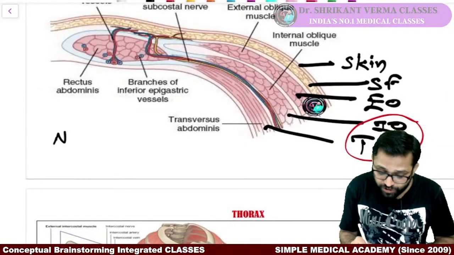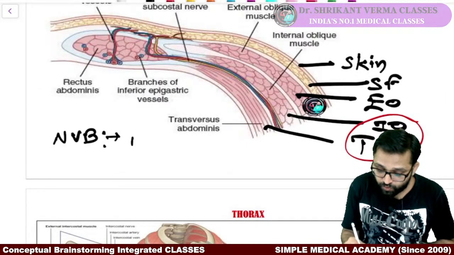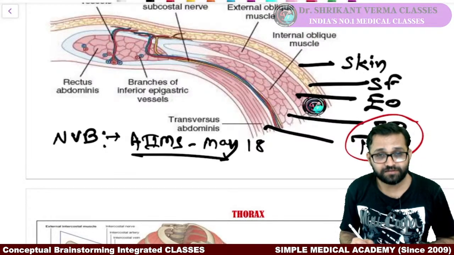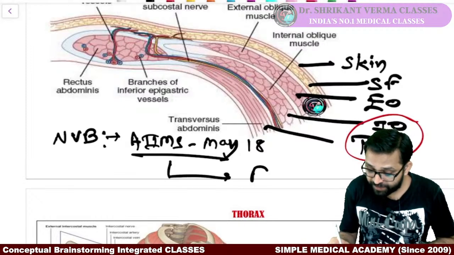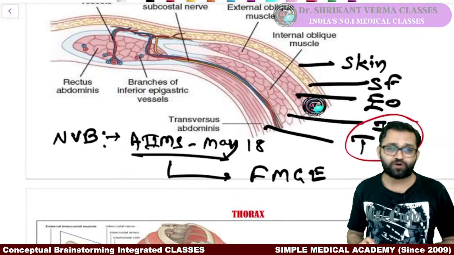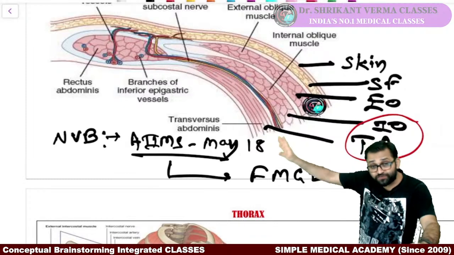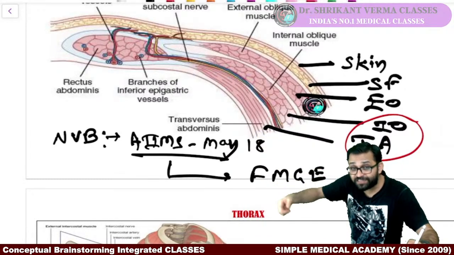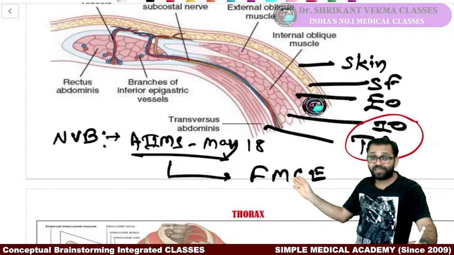This was a question in AIIMS May 2018, which was now repeated in the FMG. Again, I want to tell you that questions asked in the INICET are repeated in the NEET, and from the NEET, those questions are asked in the FMG exam.